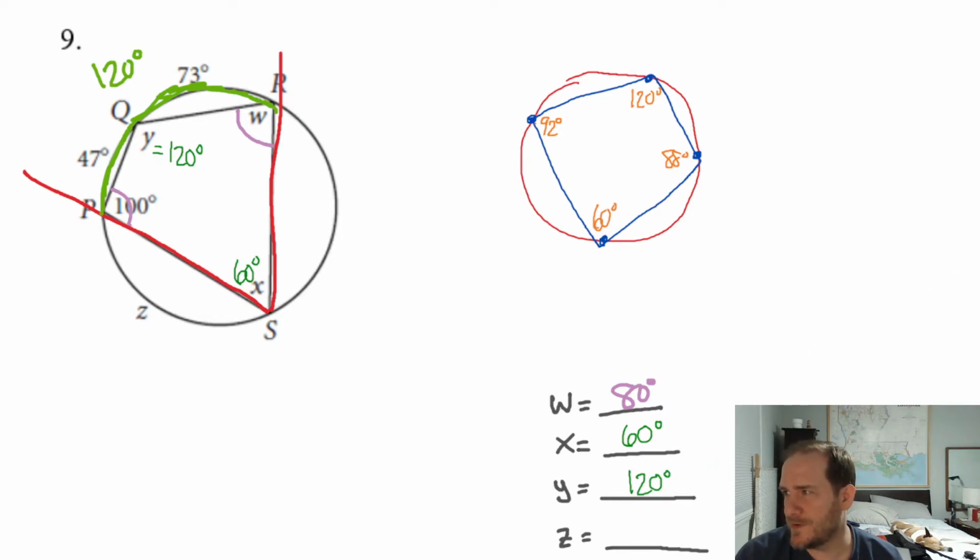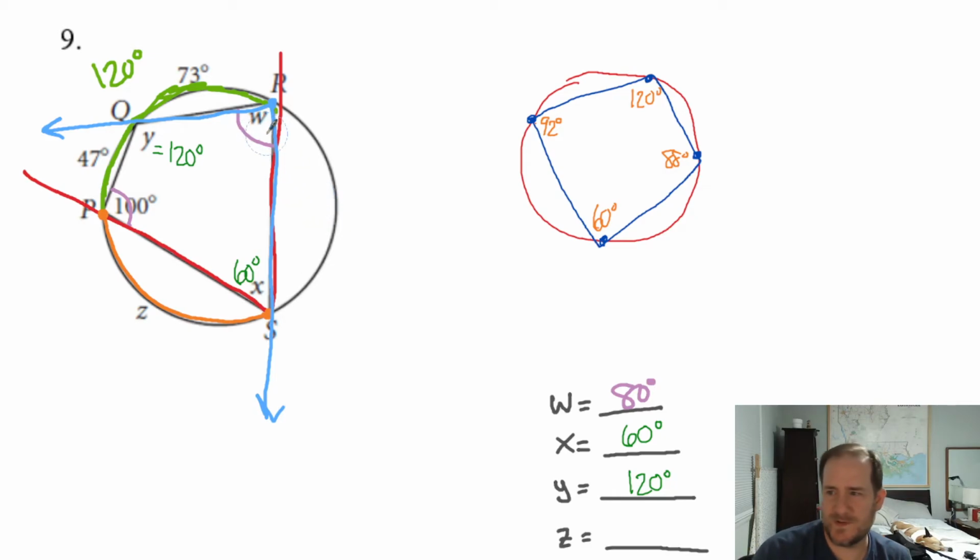And then we have to solve for Z. So Z is this arc. I think the way to get that would probably be to notice W. W has one side that goes out there, and the other side comes down here.